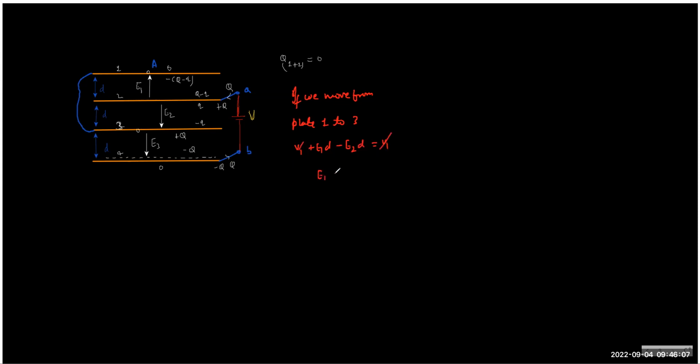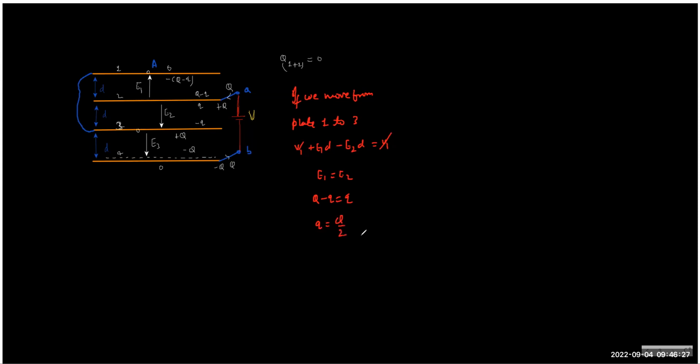So basically, E1 turns out to be E2. And if E1 turns out to be E2, then we can say the charge must be the same, right? Yes, sir. So Q minus Q must be Q. We are writing the formula. So Q turns out to be Q by 2.